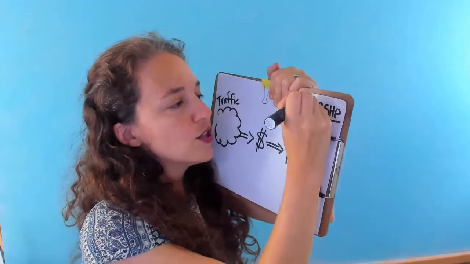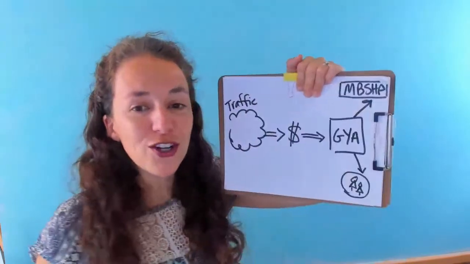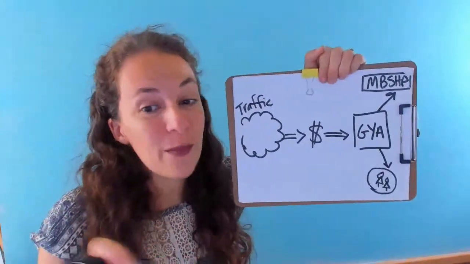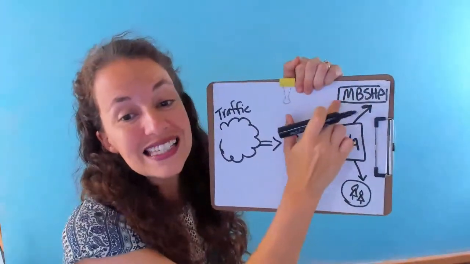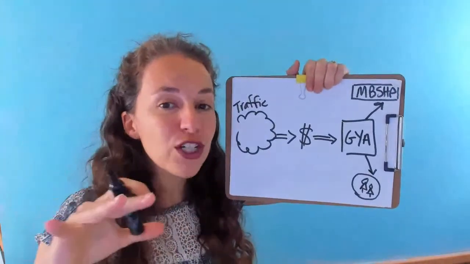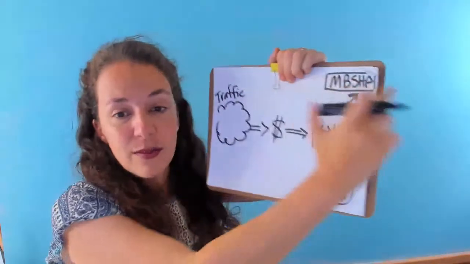People who say to me, Rachel, you have a course, you don't have a membership, aren't realizing that yes, I do have a membership on the back end, and my membership becomes the foundation of my business. It's where I test new products. It's where I get feedback for things. It's where I have regular money coming in every single month that pays the bills to make the whole business work.